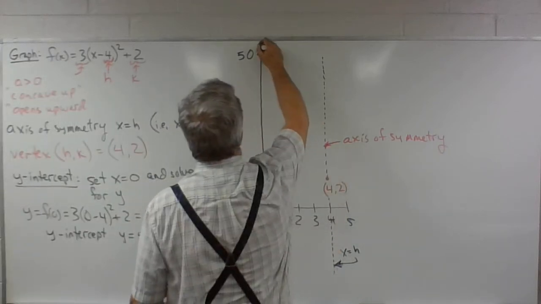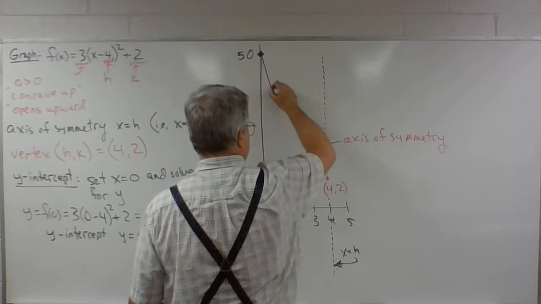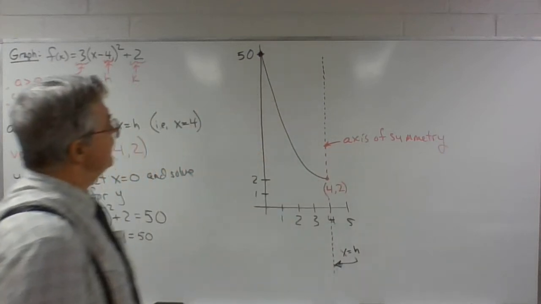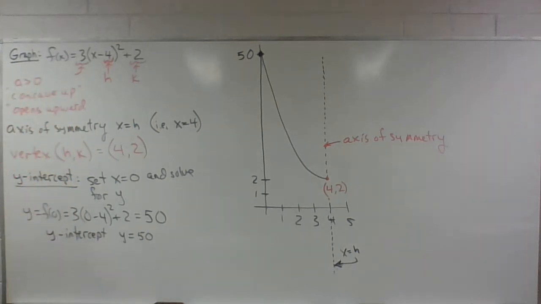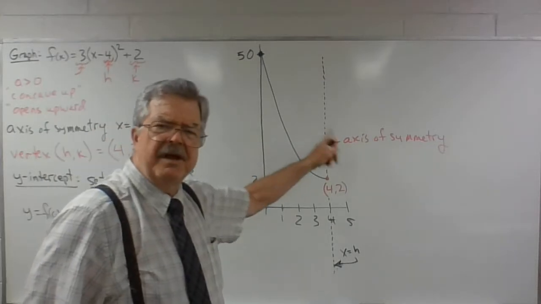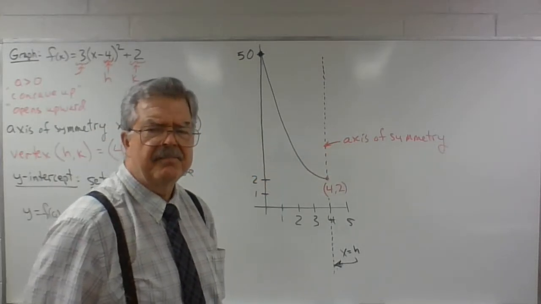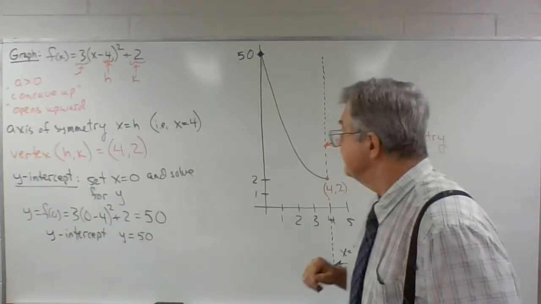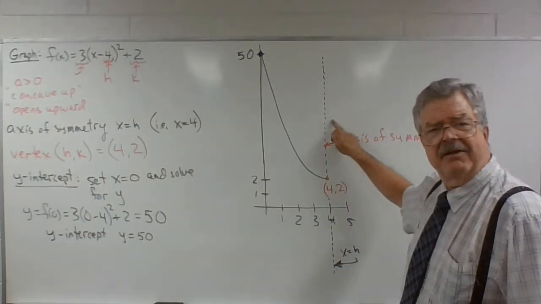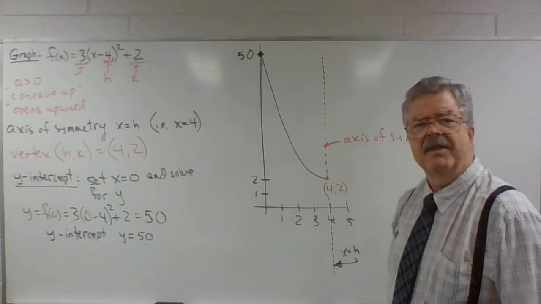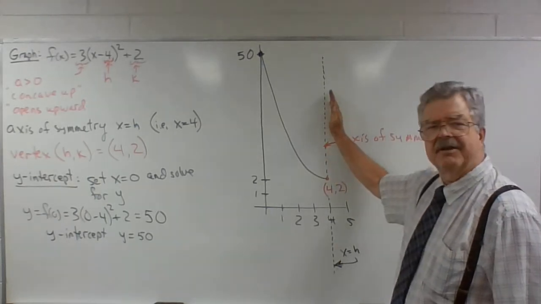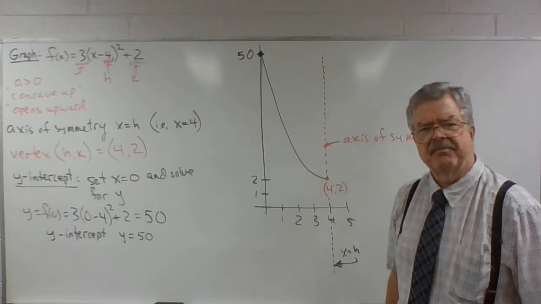Okay. And the graph's going to go like this. Oh, that doesn't look too bad. Sure wish I knew how to draw the other half of the graph. Oh, but wait a minute. We have an axis of symmetry, don't we? Every parabola is symmetric with respect to its axis of symmetry.